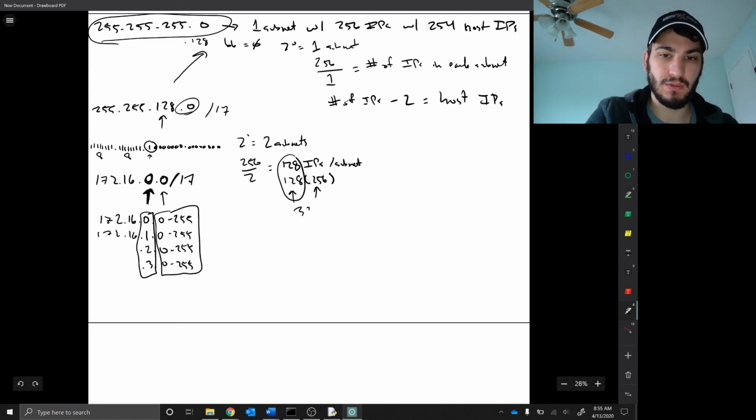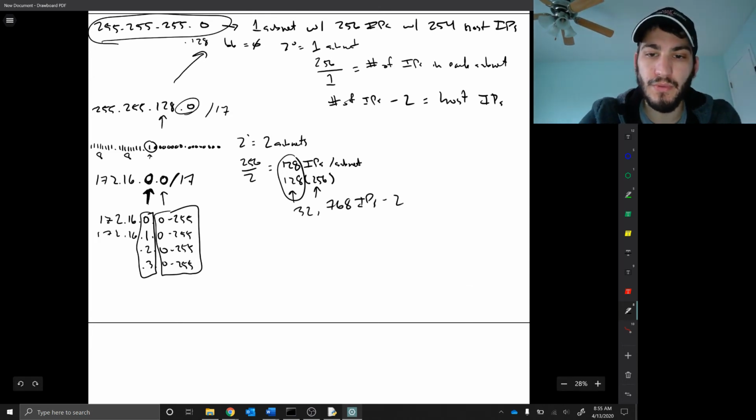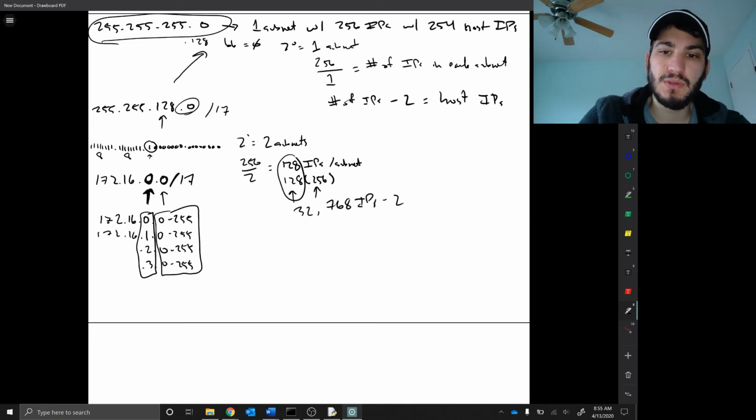That is 32,768 IPs. But we still have the -2 for the usable hosts. So we would have 32,766 usable hosts.